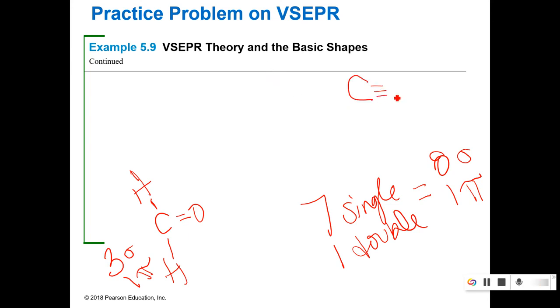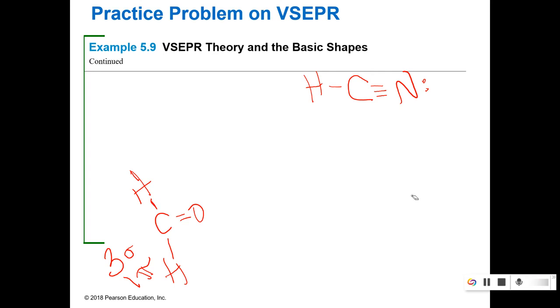So let's do something like this. Okay, so that drawing that I just drew, it has 1 sigma, because this one's sigma, and then these 2 on top are pi.